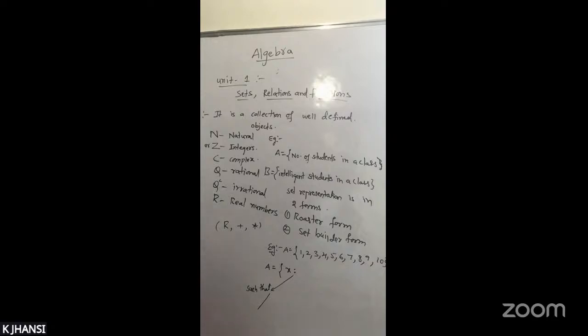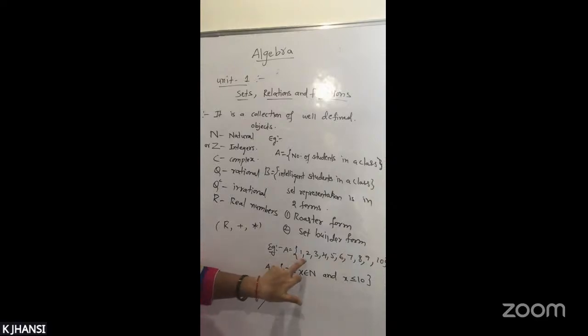So x such that x belongs to natural numbers, and x is less than or equal to 10. Same, no? This is the roster form expanded into the set builder form.